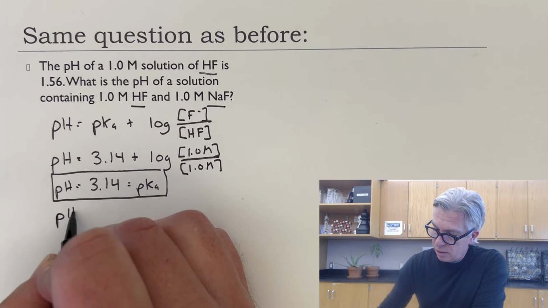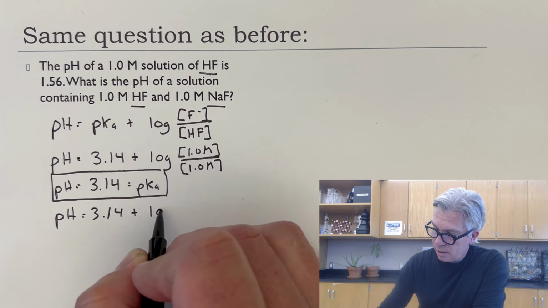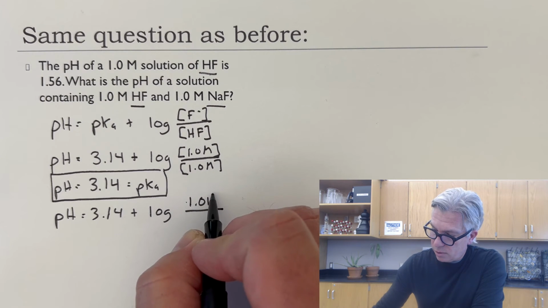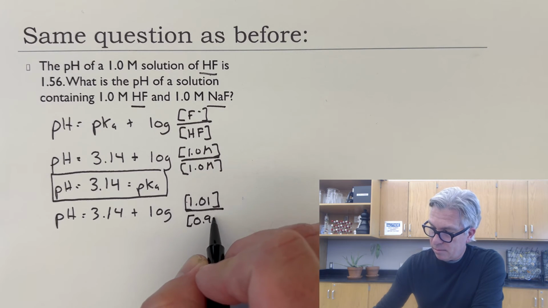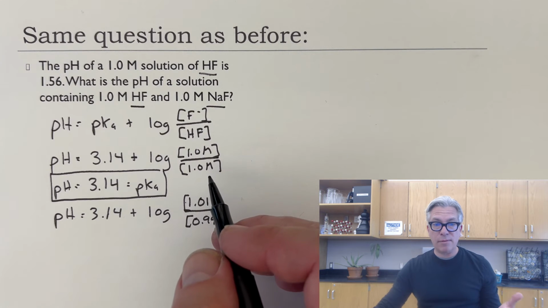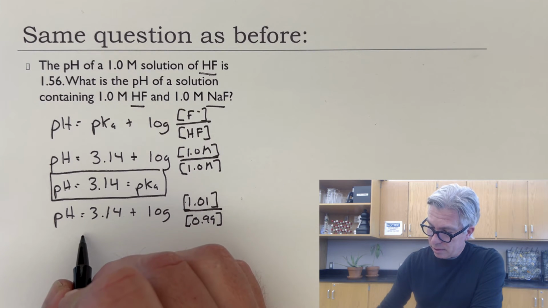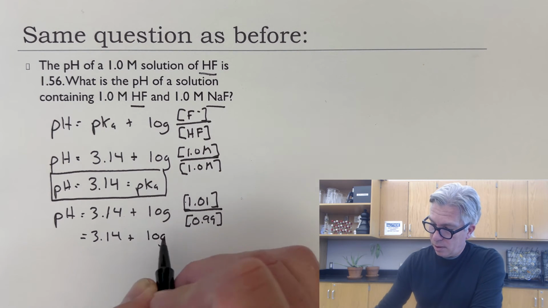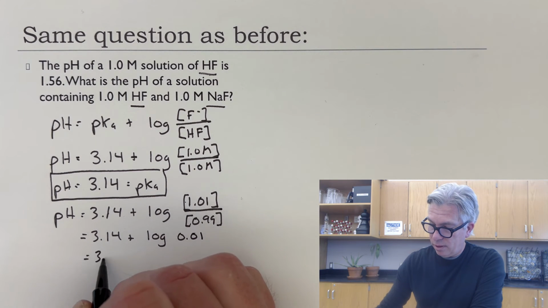So the pH equals 3.14 plus the log of 1.01 molar fluoride ion and 0.99 molar HF after a little bit of OH was added. Okay, and so you get 3.14 plus the log of this ratio, which is 0.01, so you get 3.15.